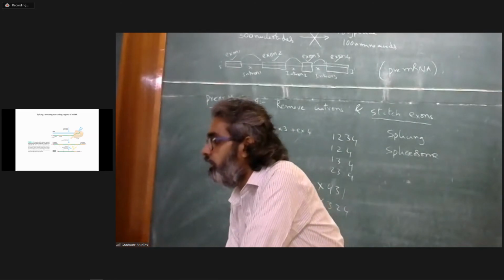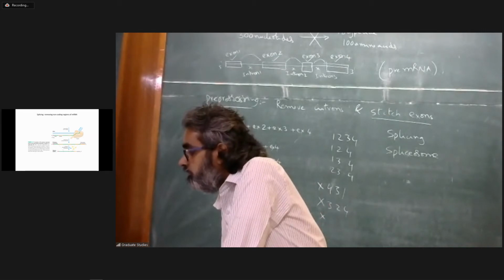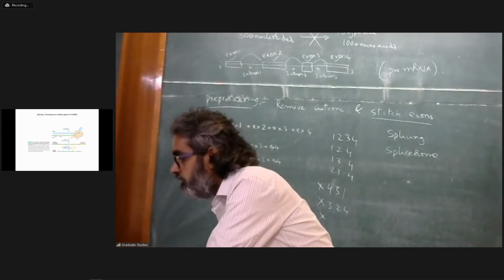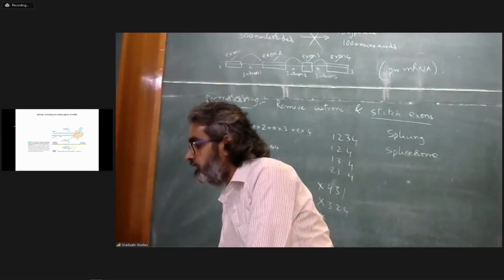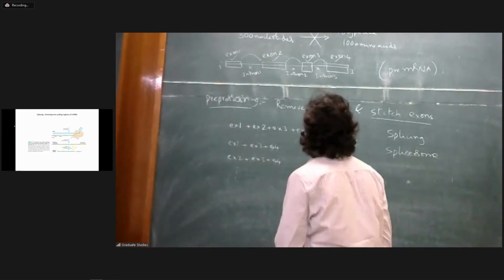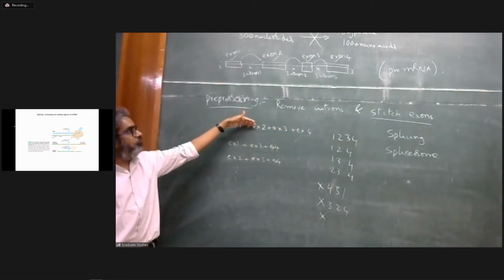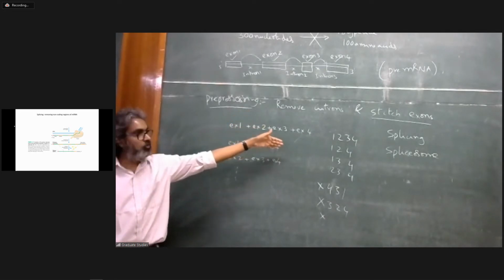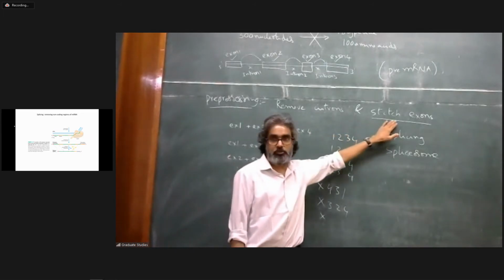Okay, so this picture shows. Excuse me, sir. Yes. Sir, how can we differentiate introns and stop codons? No, stop codon is, see, no. With this introns and exons business, you do not have the ribosome yet. The ribosome comes only after you stitch your exons.